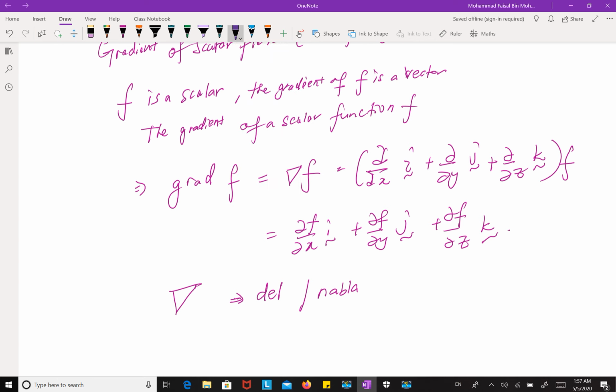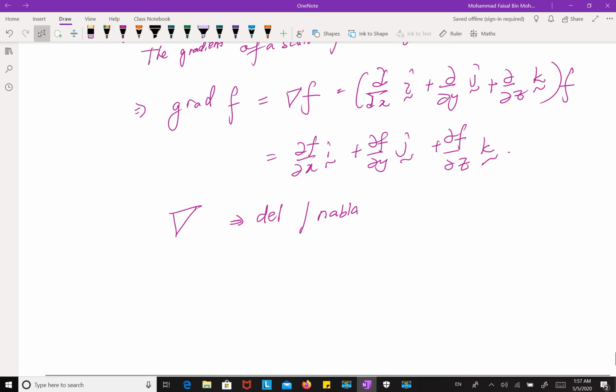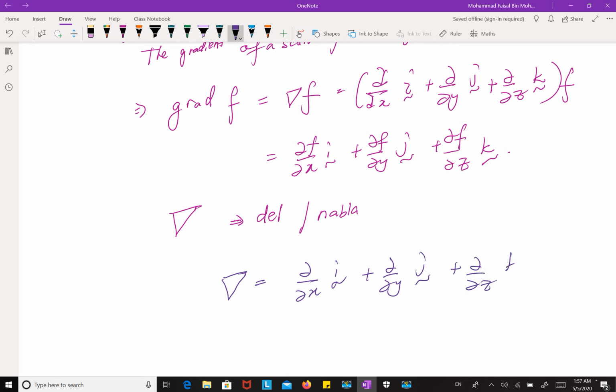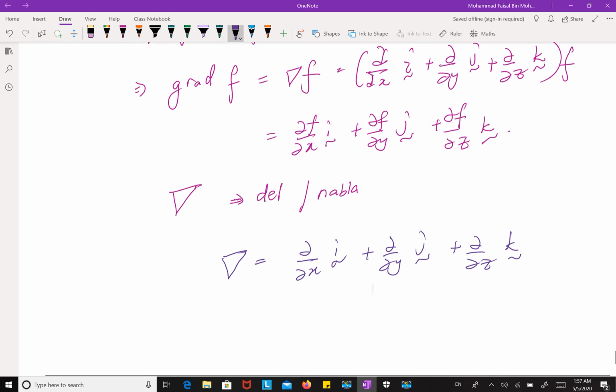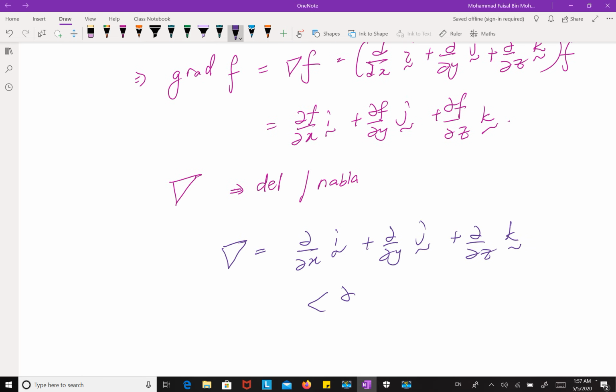So this nabla will be equal to i del over del x, j del over del y, k del over del z, or I can write it as del over del x, comma, del over del y, comma, del over del z.